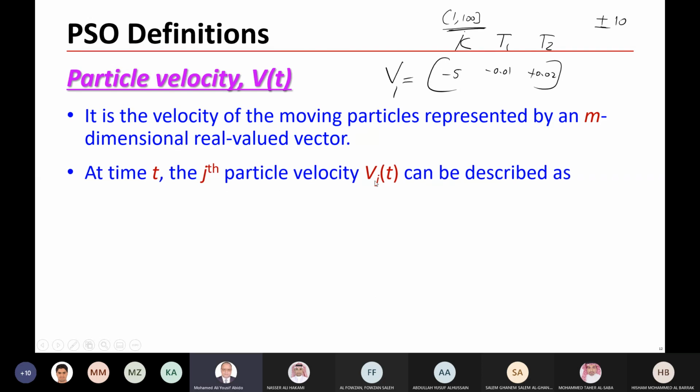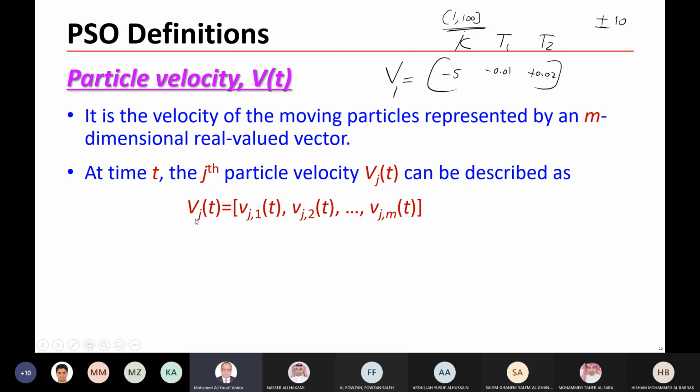At time t, the particle velocity v_j can be described as velocity in the first dimension, in terms of k, velocity in the direction of t1, velocity in the direction of t2, and so on.